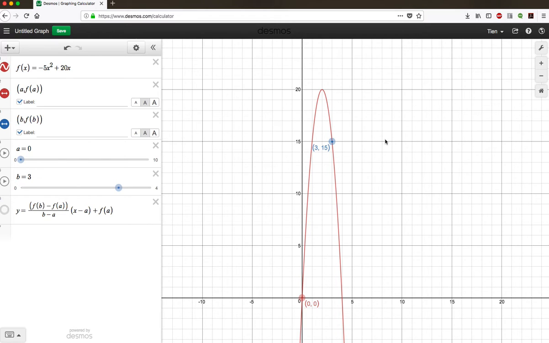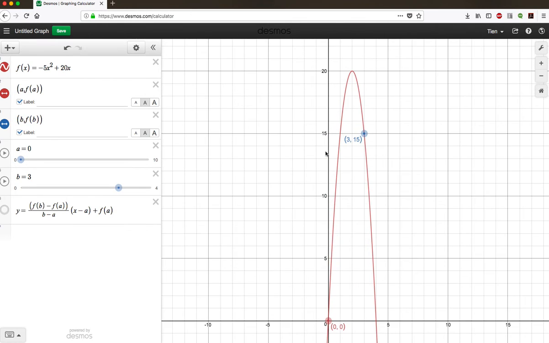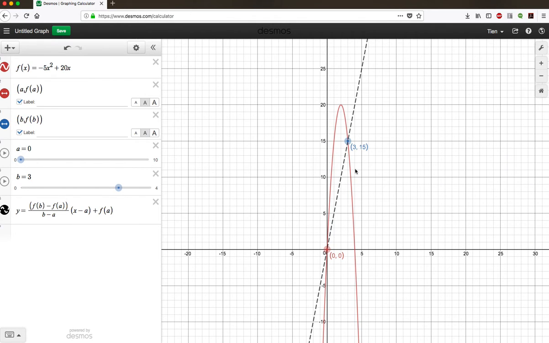So what's the rate of change over this period of time then? Well, in 3 seconds, we've traveled upwards by 15 meters. If I look at the line connecting these two dots, this line has a slope of 15 divided by 3.